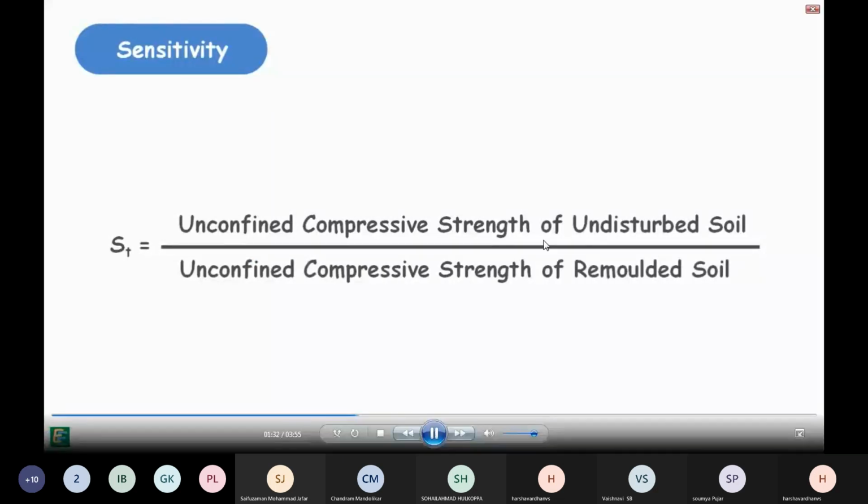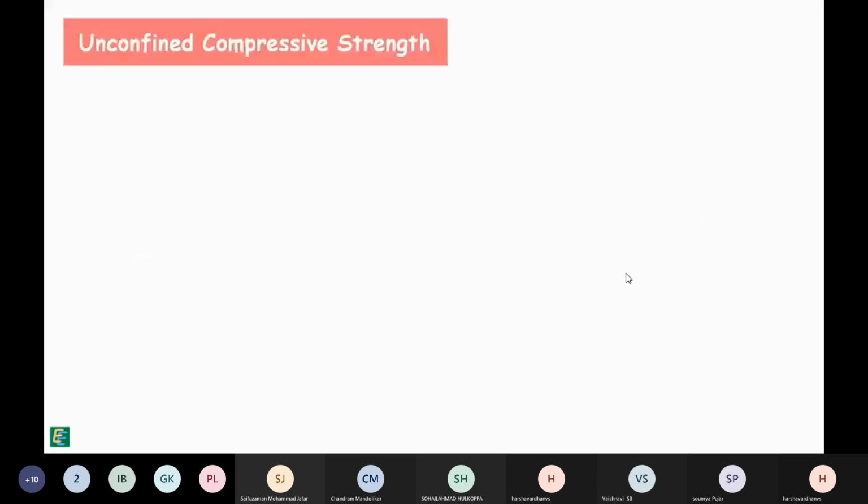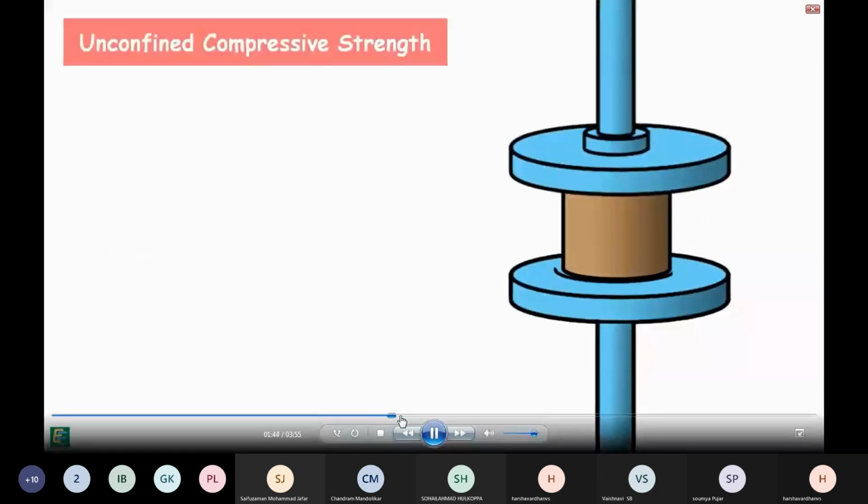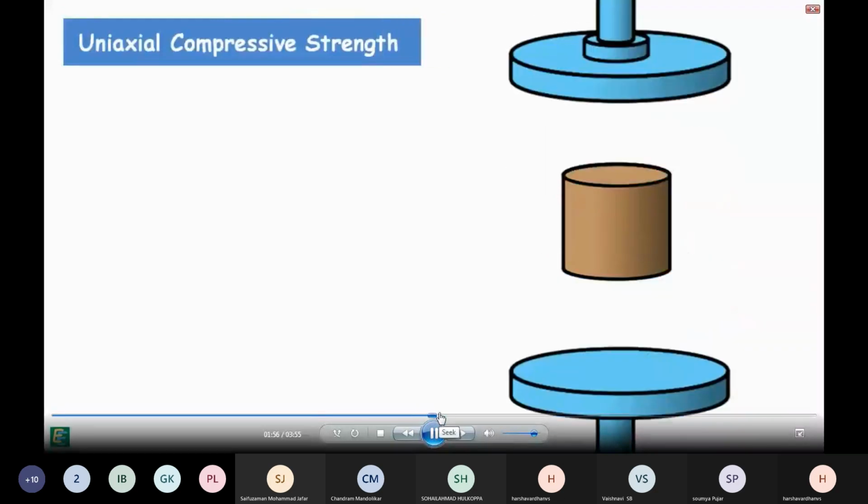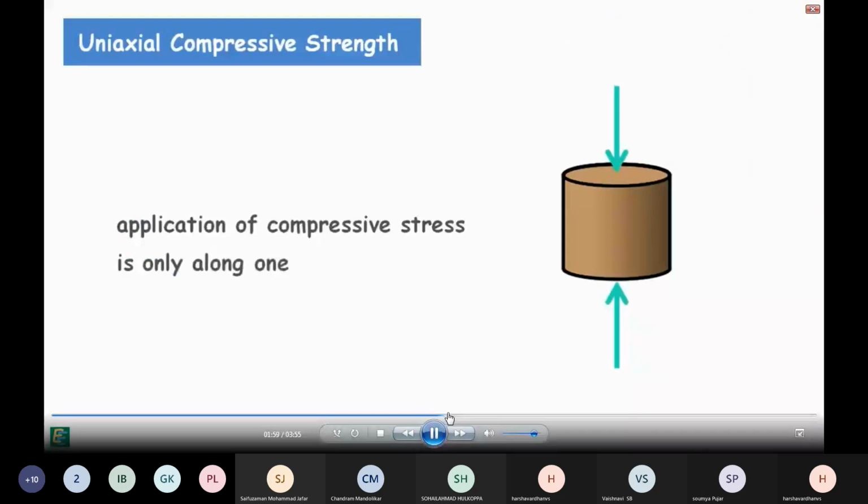So obviously, the strength of undisturbed soil will be more than remolded soil, so sensitivity of the soil will always be more than 1. What is unconfined compressive strength? You'll be learning it in the subsequent classes.